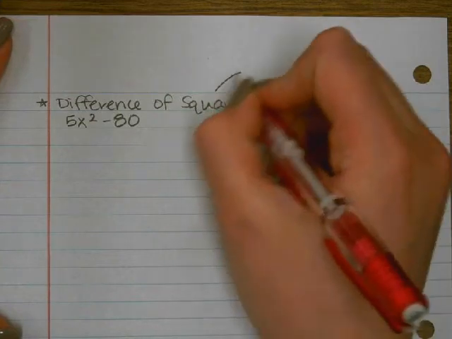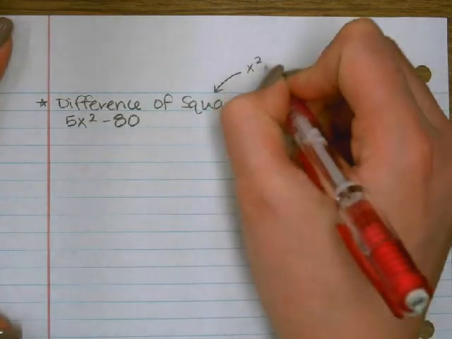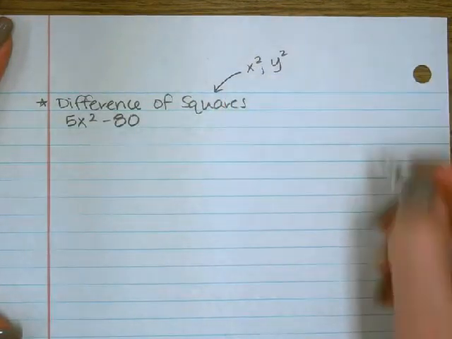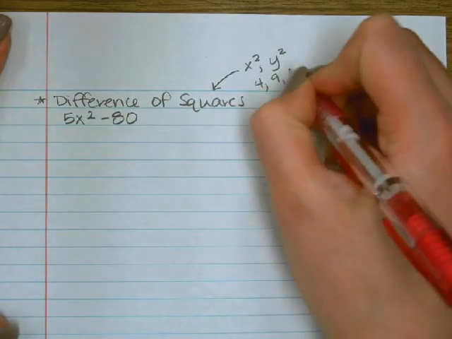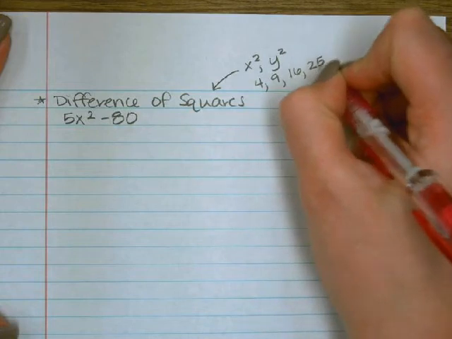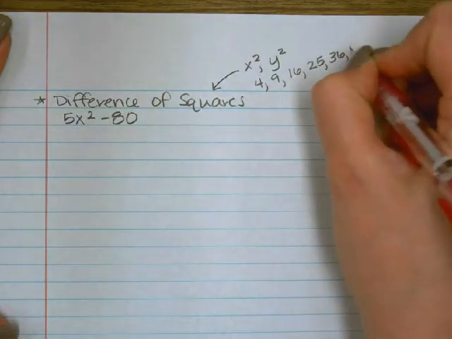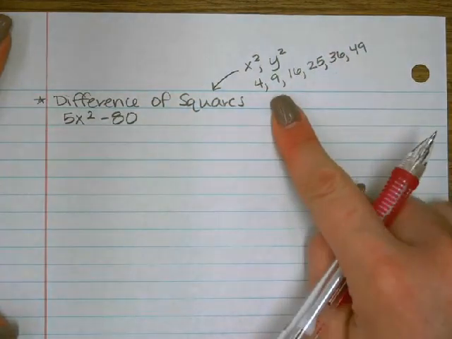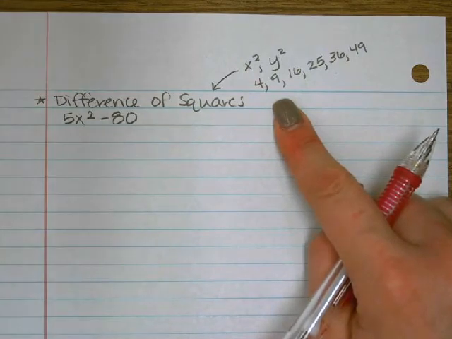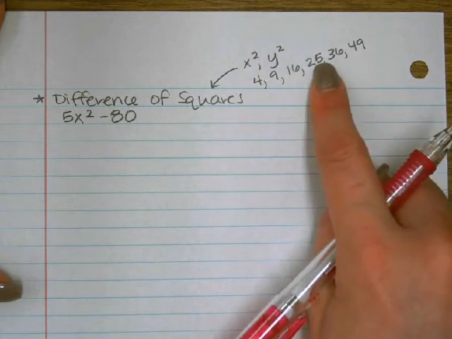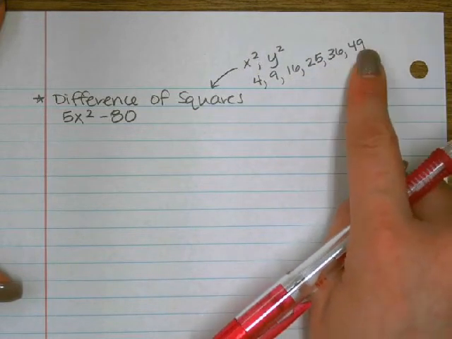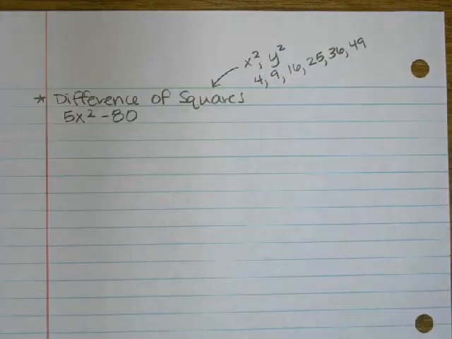Squares are things like x squared or y squared, or it could be a number like 4, 9, 16, 25, 36, 49. So squares are something that have been squared. This is 2 squared, 3 squared, 4 squared, 5 squared, 6 squared, 7 squared. So that's what squares are.